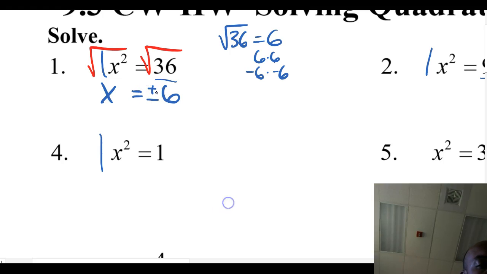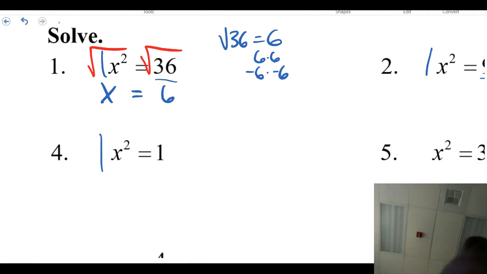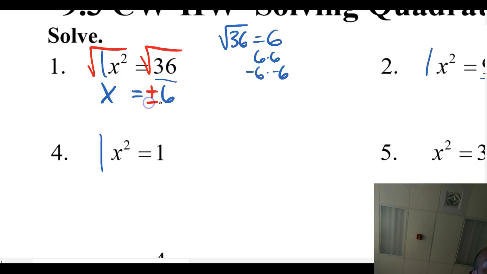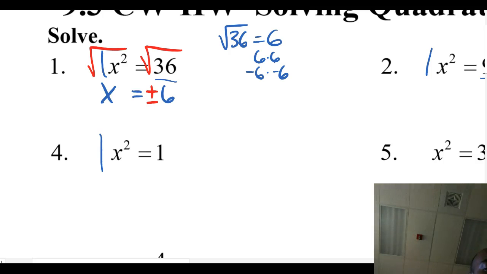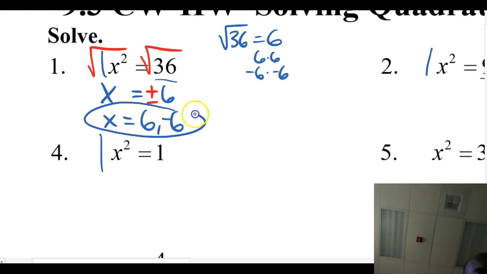So we write plus and minus 6, and that symbol just means that 6 can be both positive and negative. But the way I want you to write out your answers is x equals both positive 6 and negative 6, separated by a comma. But don't forget that it could be plus and minus.